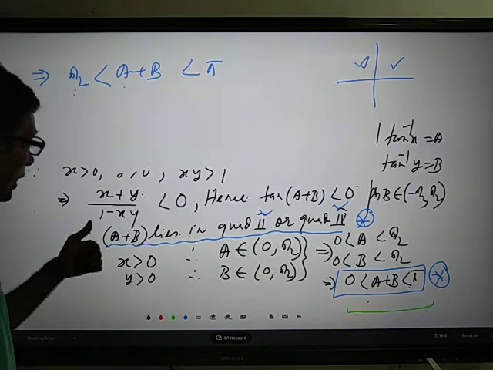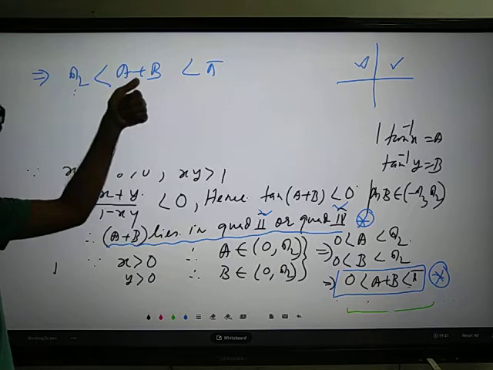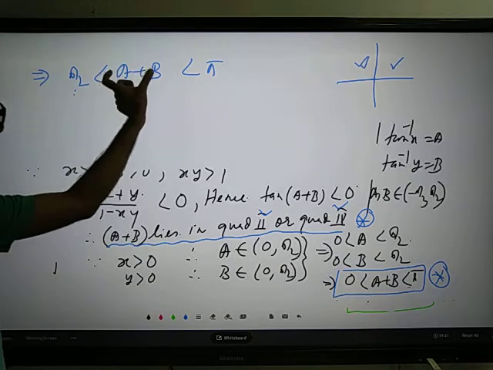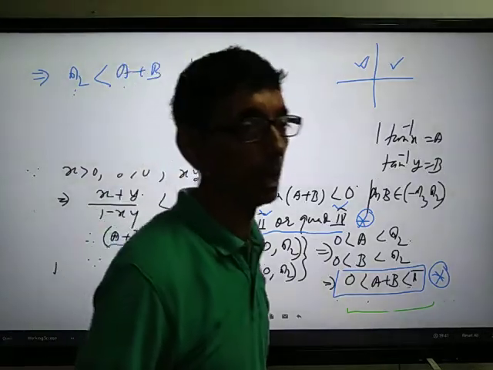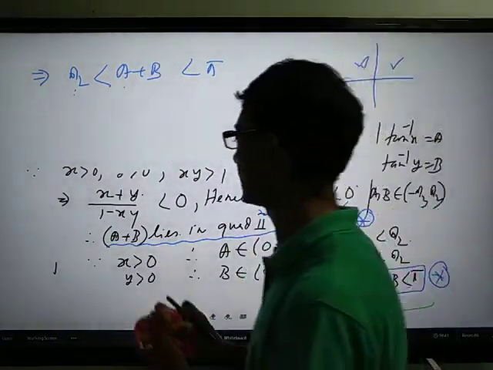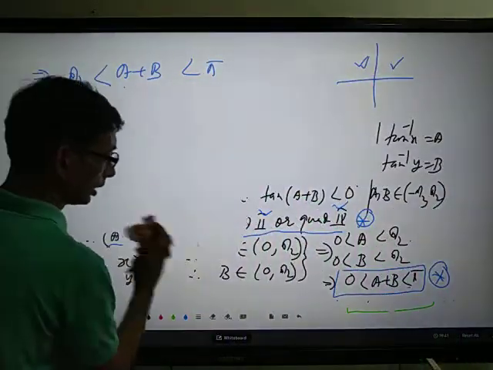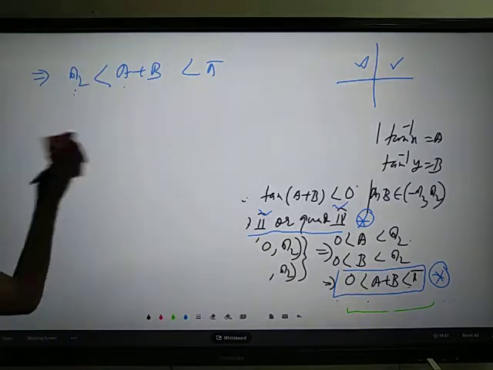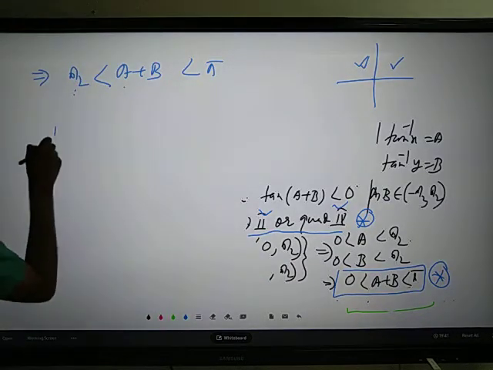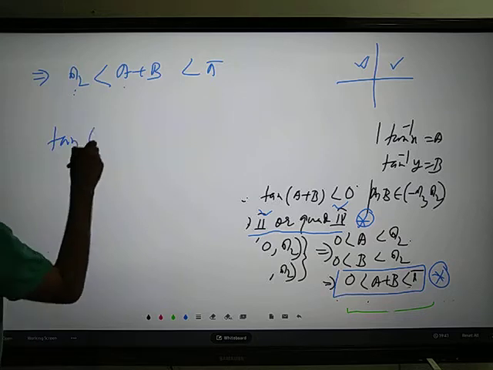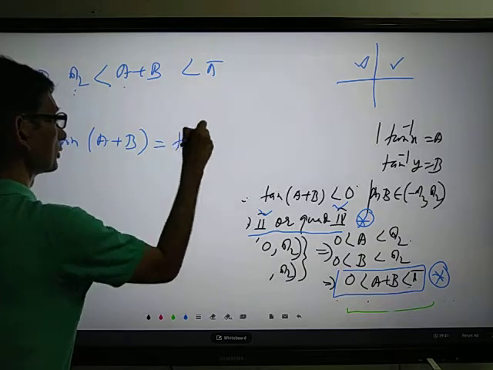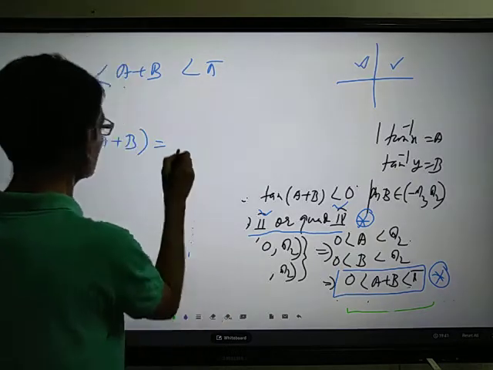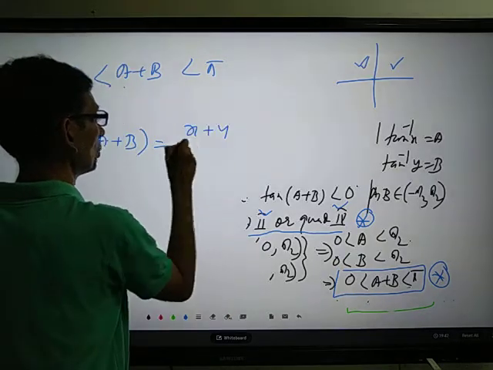A plus b lies between pi by 2 to pi, but it is not lying between minus pi by 2 to plus pi by 2. So why do we need the angle to lie in the range of tan inverse? Because we know that tan(a plus b) is equal to (x plus y) over (1 minus xy).